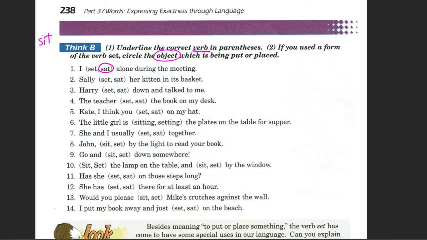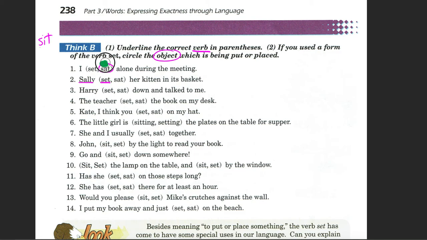Sally set or sat her kitten in its basket. Is Sally putting herself down or putting something else down? If we read the sentence, Sally blank her kitten in its basket, she's putting something else down. So we would underline set.